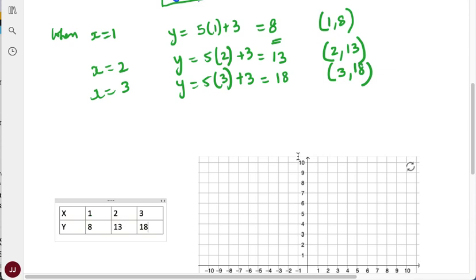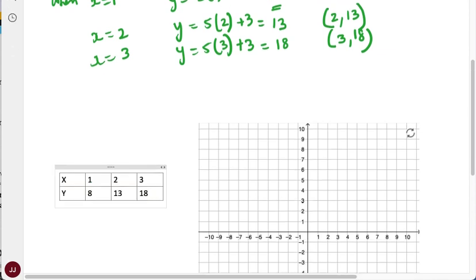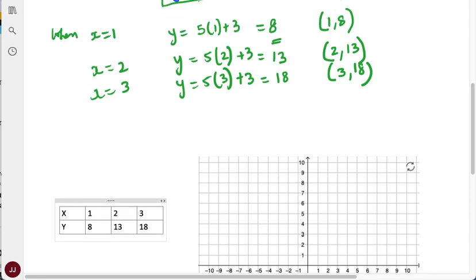So let's expand that. Okay. So I have expanded that. Okay. So let me mark the rest of the distance that you have to follow.